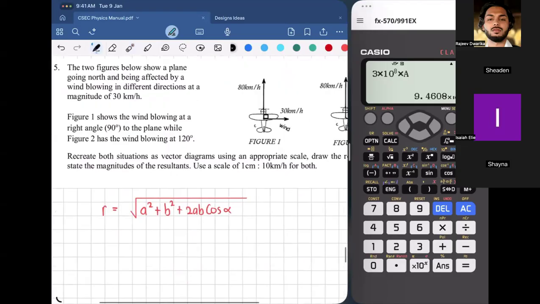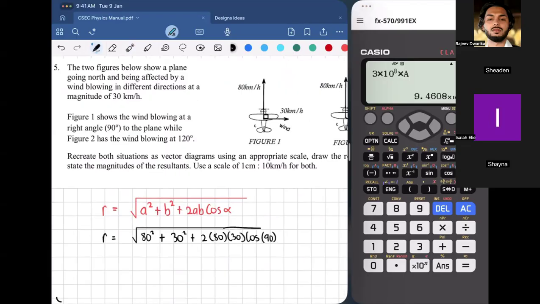So Shay, tell me what to plug into the formula, and you're going to see something really cool happening. What's A and what's B? A would be the 80. 80 squared. What's B? B would be the 30 squared. That'll be 2 by 80 by 30. And what's the angle? The angle would be 90 degrees.